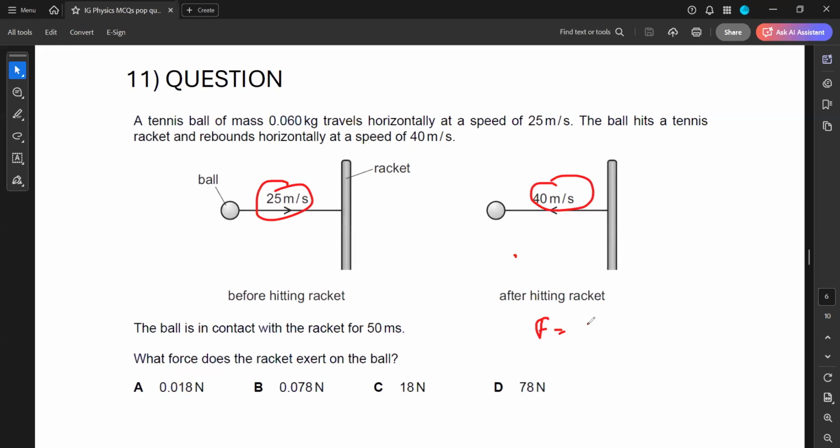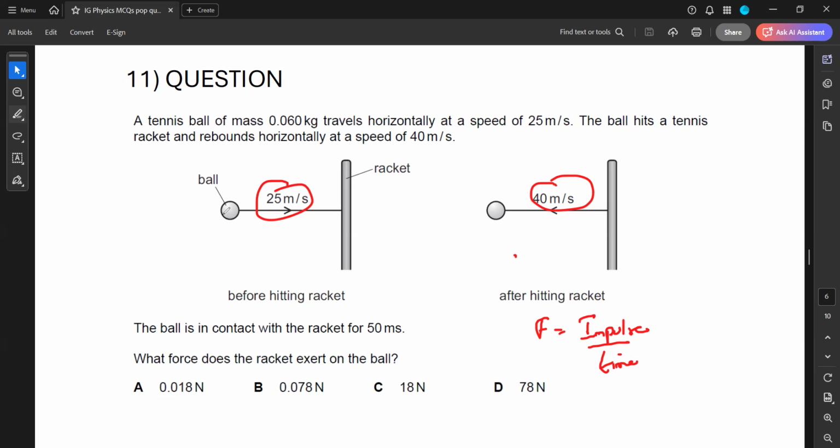The force will be equal to impulse divided by time. How to get an impulse for an object which bounces back? We will add the two momenta. Sometimes they give us the speed, sometimes they directly give us the momentum. In this case the speed is given, so momentum is not given. So how to get the momentum? We have to multiply.